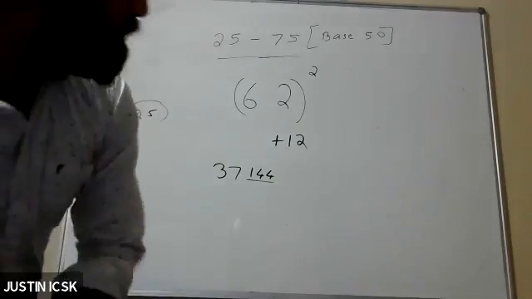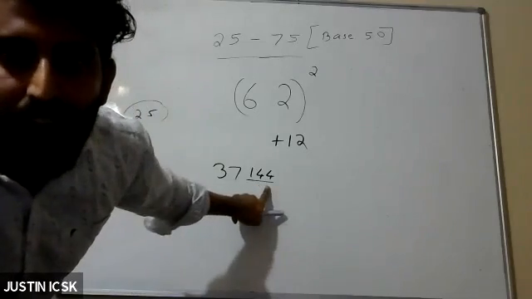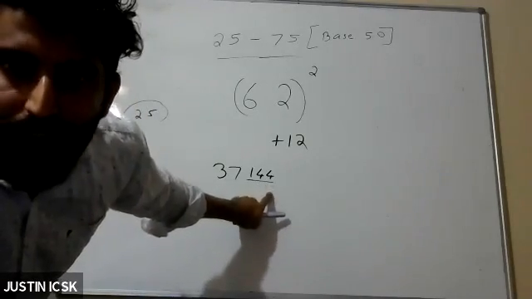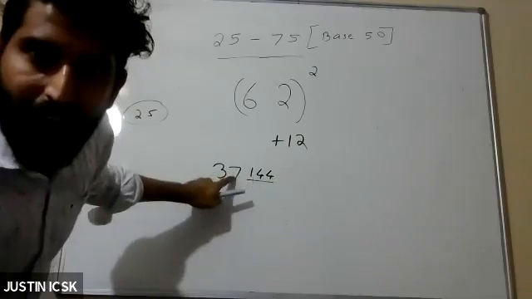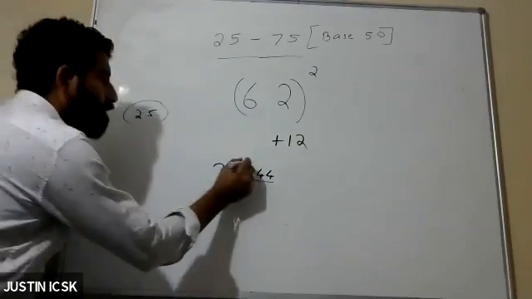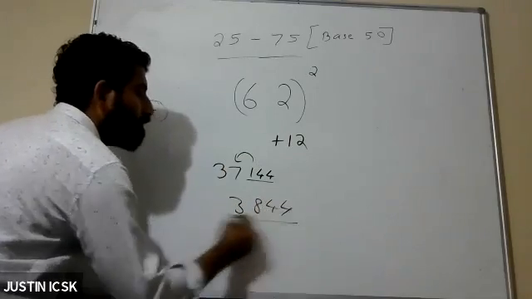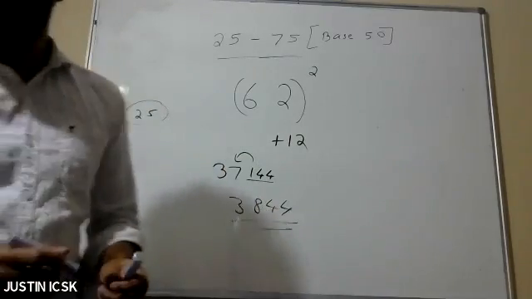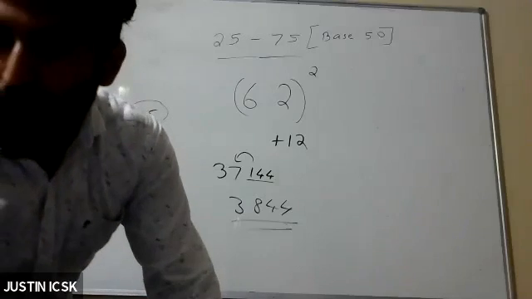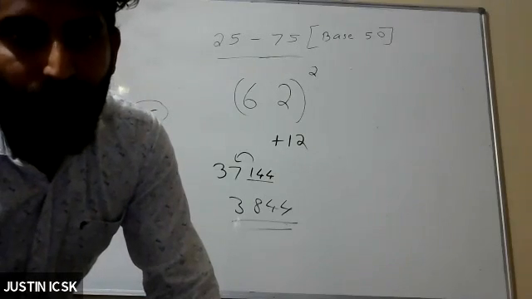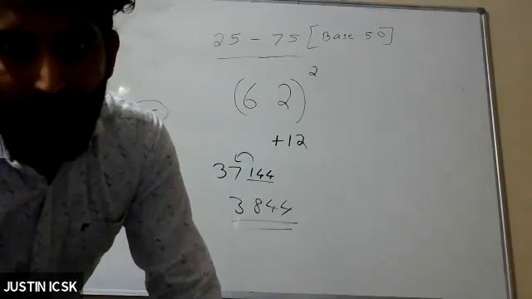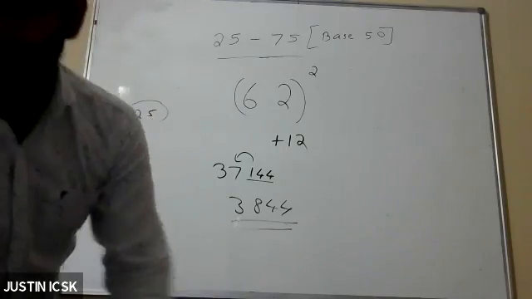Then one thing I told you, this is always two digits, so this one should carry. So 3844. Your answer is 3844.